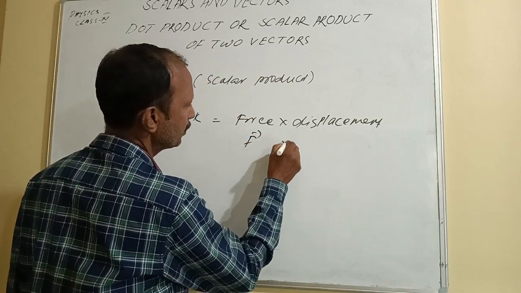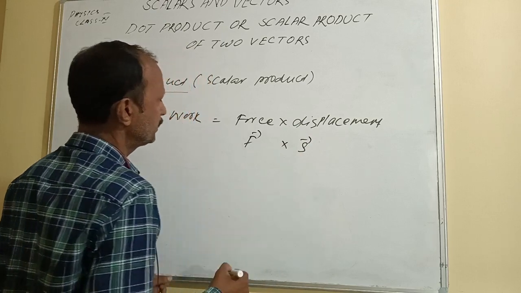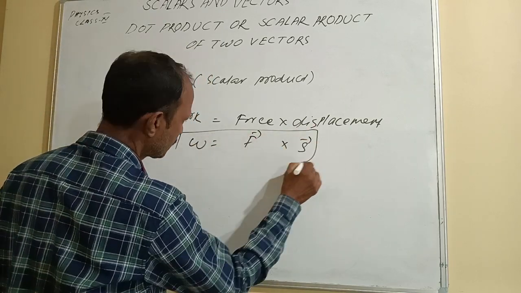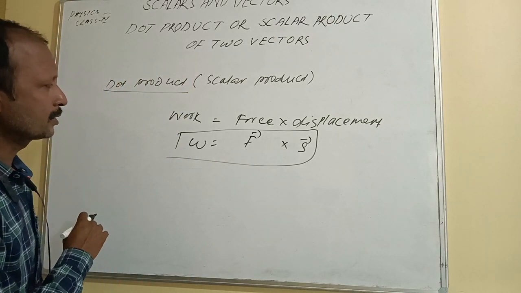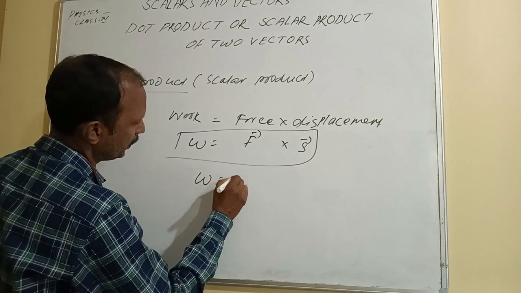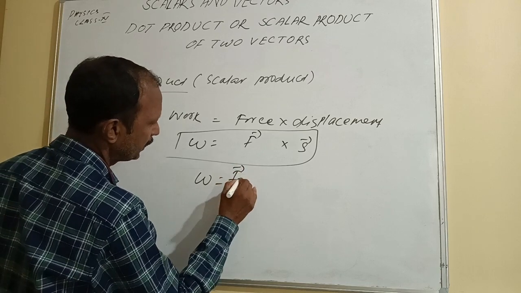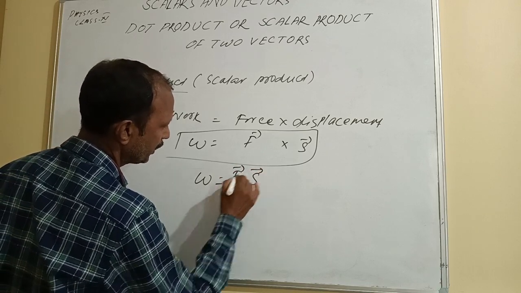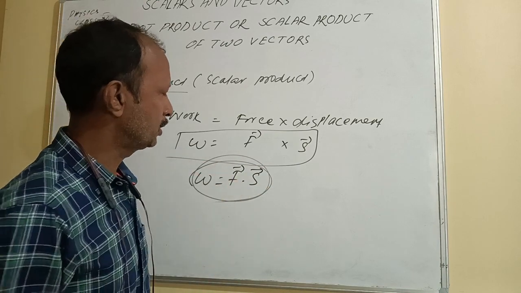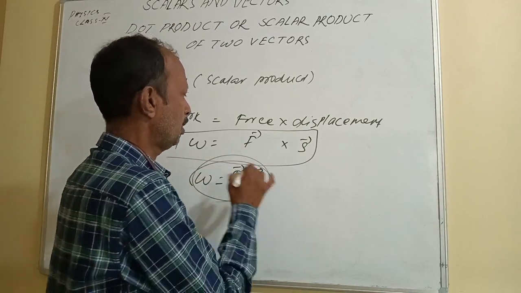Force is a vector, displacement is a vector, but work is a scalar. So in this case, I shall write W is equal to F dot S. I shall use the dot product, not the cross product.